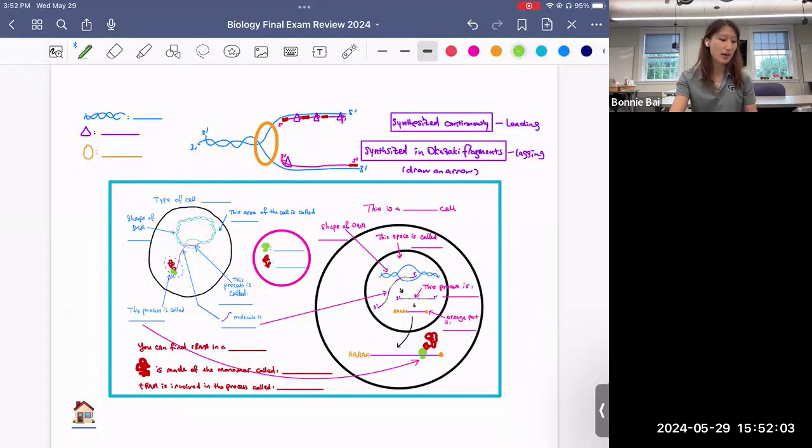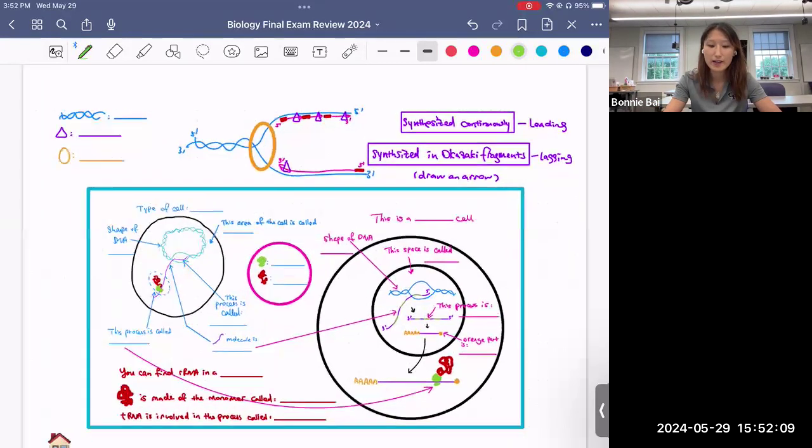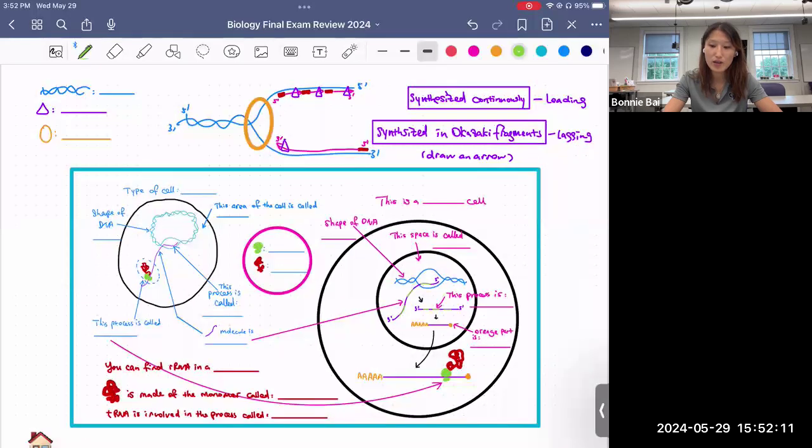This diagram does a good job helping you organize the entire process of transcription and translation. And it's very important for you to take a look right here. So let's go over it. I think we'll just use black because there are too many colors on this page, so it's easier to look at.